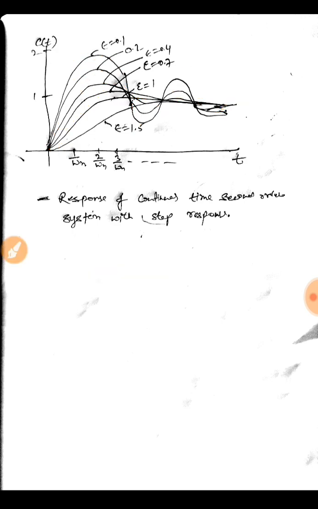And for ζ greater than 1, that is 1.5, we are getting an overdamped signal. For ζ equal to 1, it is critically damped, and for the value of ζ less than 1 and greater than 0, it will be underdamped. So this is the response of a second order system.